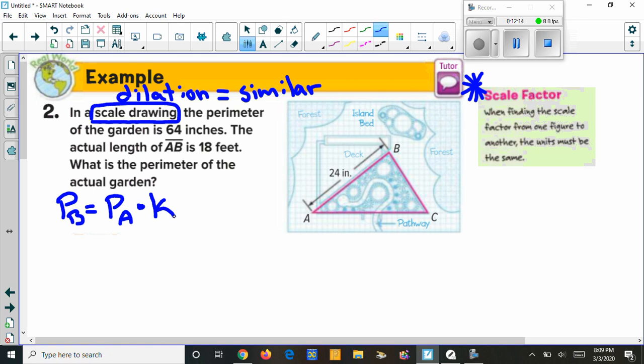Now you might ask, what is A and what is B? As a side note, B is going to be the actual garden. A is going to be here in the blueprint.